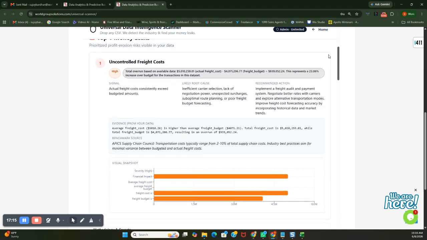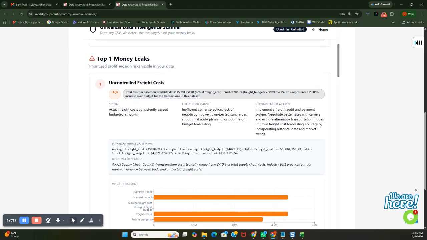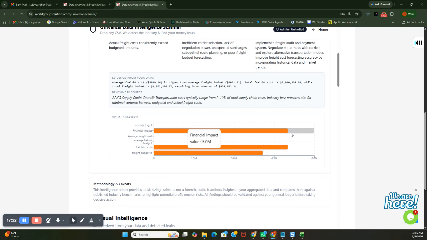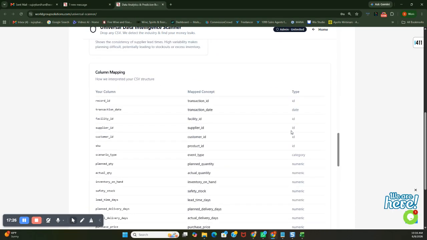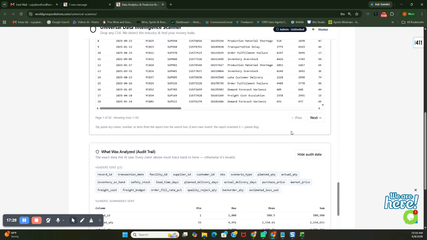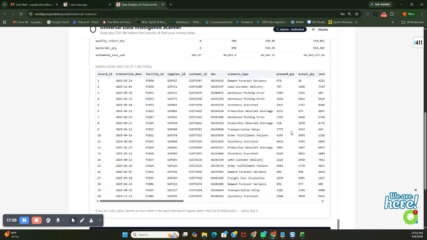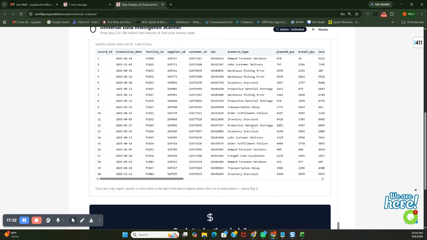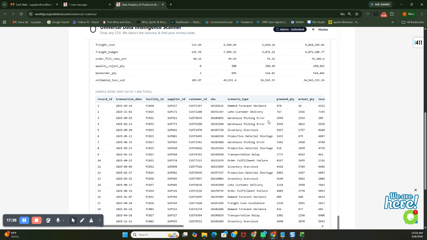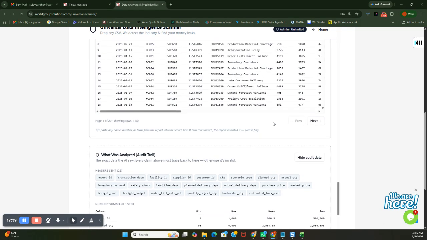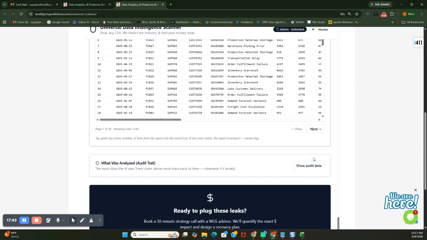These are the things you will be looking at, and where the money is leaking, how you can stop it, which are the line items, where the money is coming from, what transactions you are referring to, and all sorts of things. So this is exactly what I'm trying to focus on. Having said that, I don't think there's anything else I would need to show you right now.